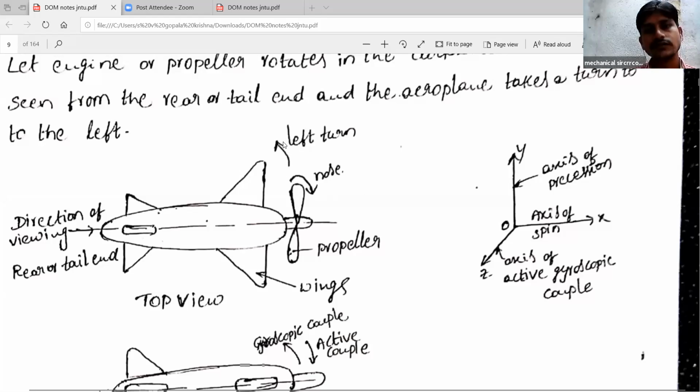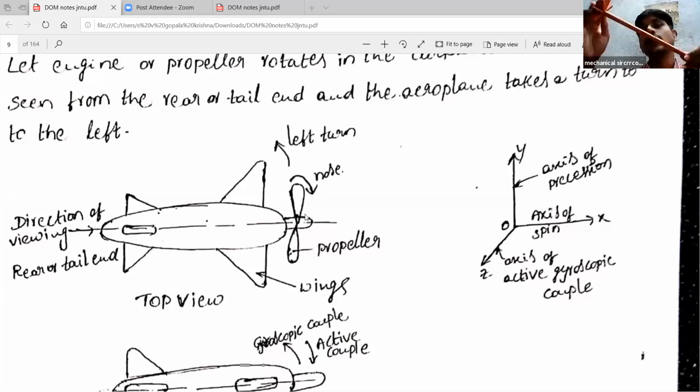So their turning movements are opposite. Here you will observe a left turn and the direction of rotation is clockwise. So the effect of gyroscopic couple is to raise the nose. Actually the plane goes only in this orientation, but when it takes a left turn, it will achieve this type.